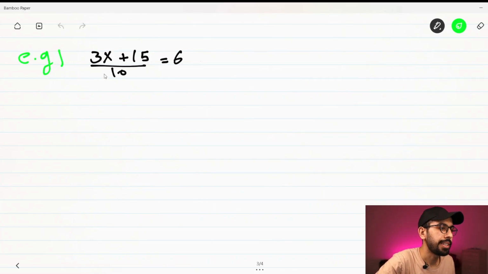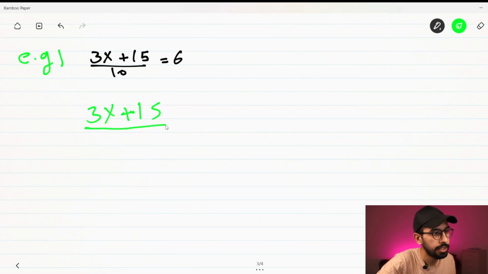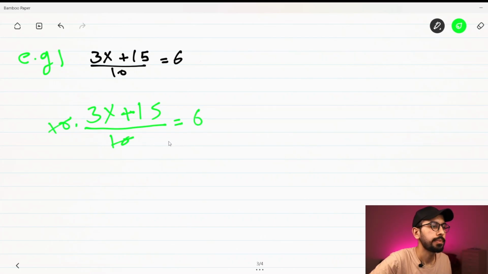We have another example. Now we need to get rid of this 10. By what? By multiplying both sides of the equation by 10 in order to get rid of this 10 here. And this x will be multiplied by 10.